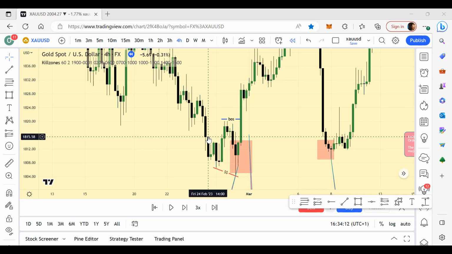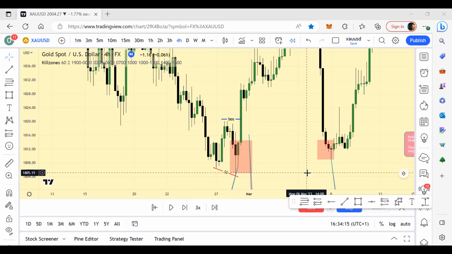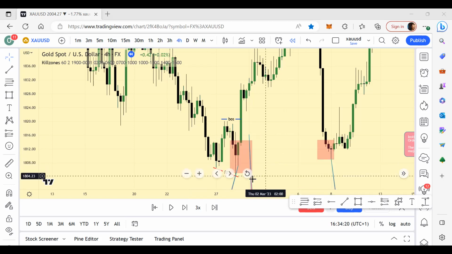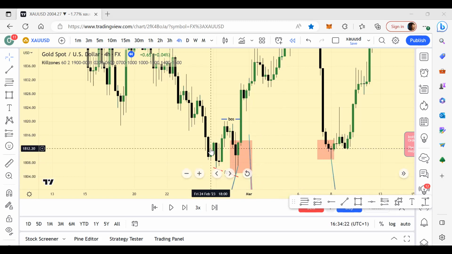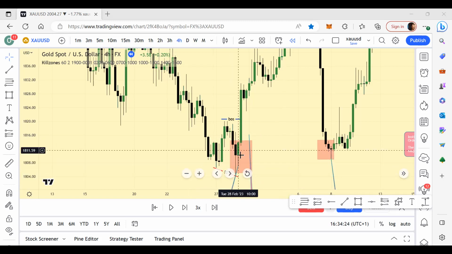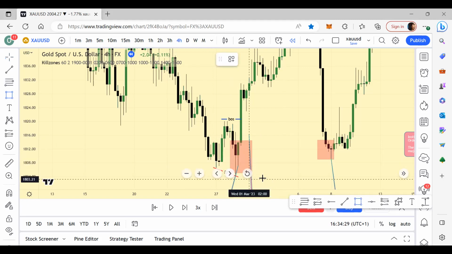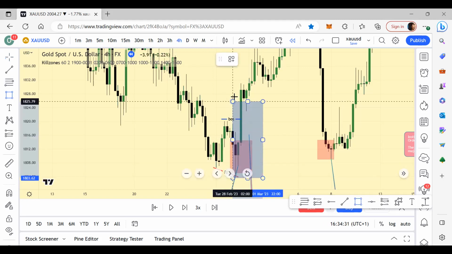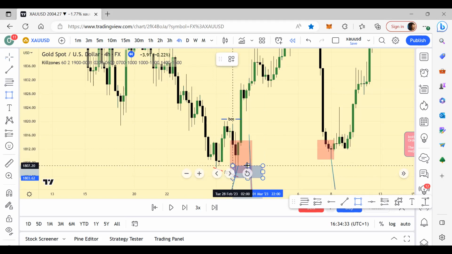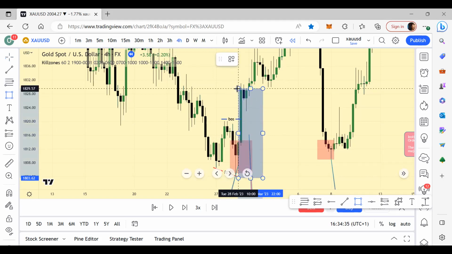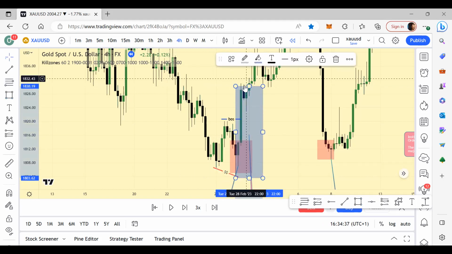So earlier on, I mentioned that there are high probability order blocks. When I talk about high probability order blocks, I mean where price is likely to come back to and react from to either buy or sell. So something like this. This is an order block, the last candle before the up move.